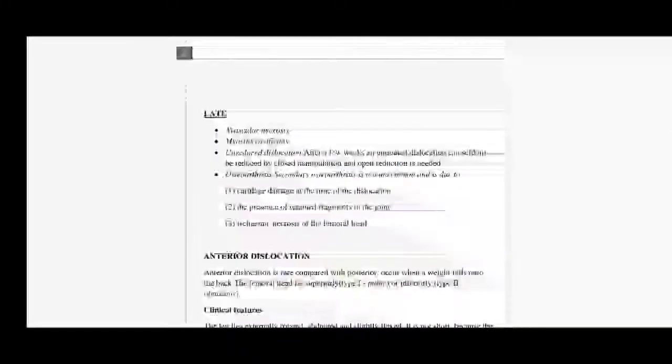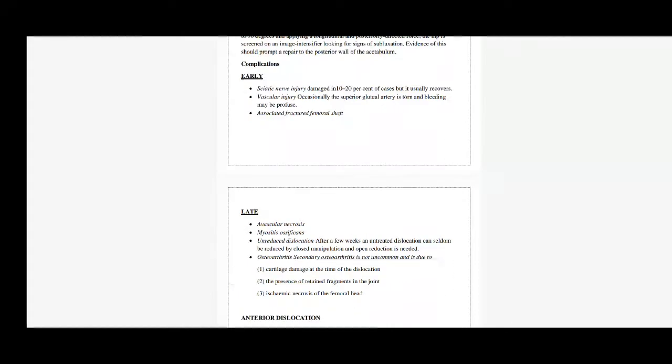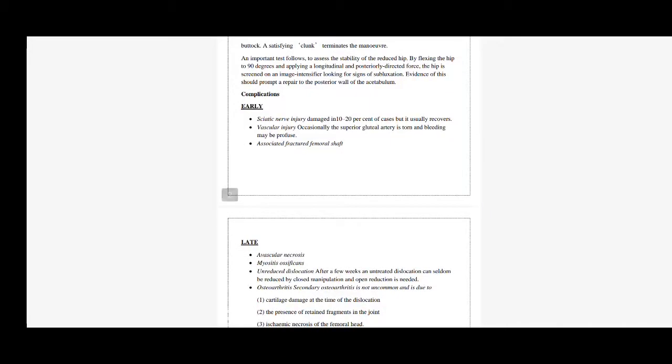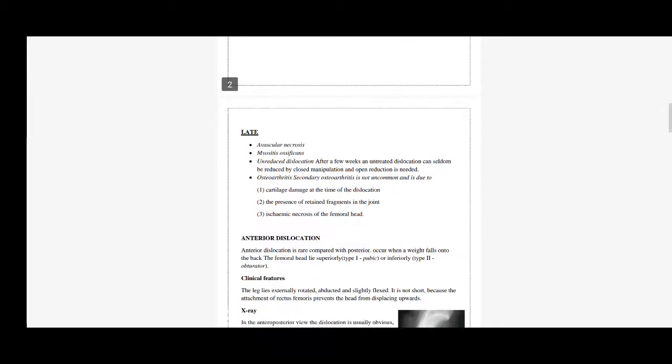Late complications, in addition to the general complications of the early stage, the general complications of pelvic or acetabular fracture, which include thromboembolic phenomena, fat embolism syndrome, pulmonary embolism, and cardiopulmonary collapse.